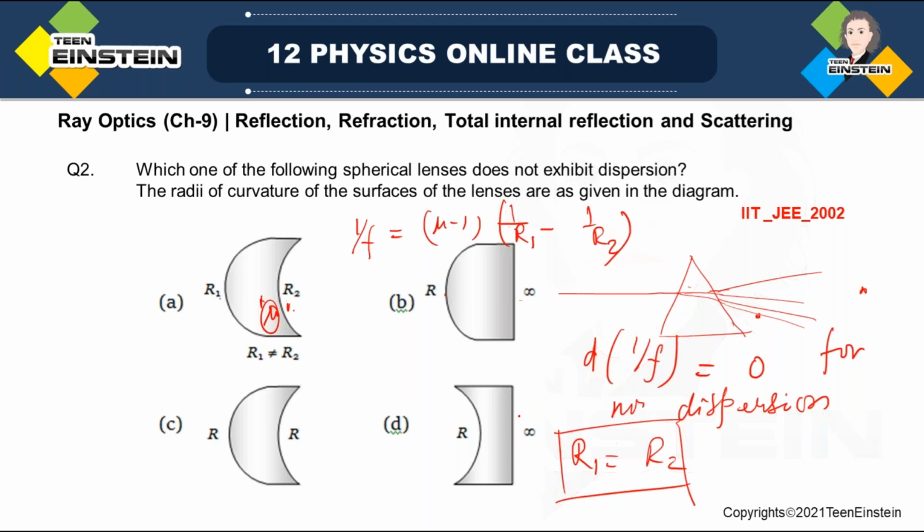Plano means a plane surface with radius of curvature infinity. So the angle of refraction introduced here and here must have a huge difference. For no dispersion to occur, this option will be the correct one.